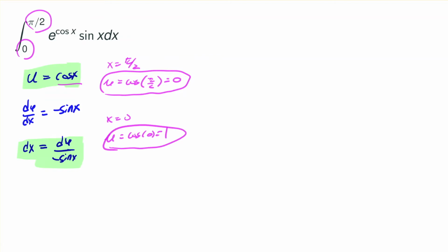So when we substitute, not only do we substitute the u and dx, but also the bounds. So we have 0 right here, and 1 is the lower bound. And e to the cosine of x is now u, so we put u here. And we keep the sine x dx, sine x for now.